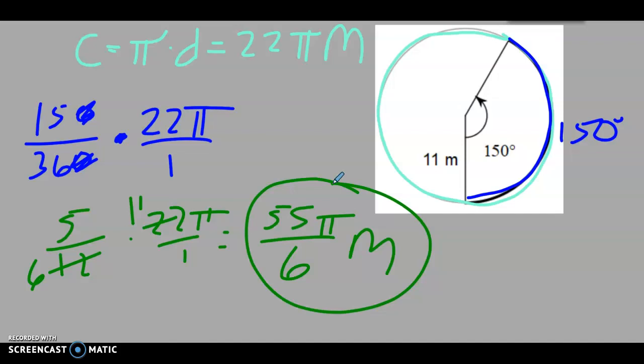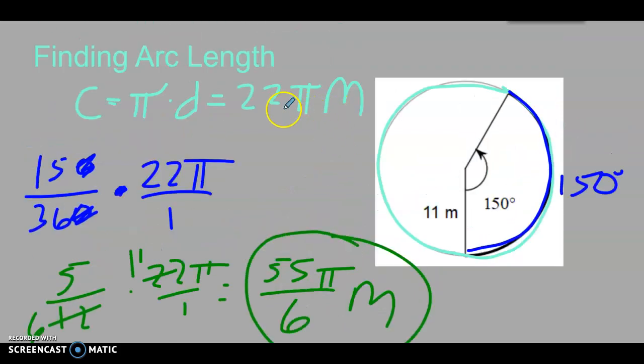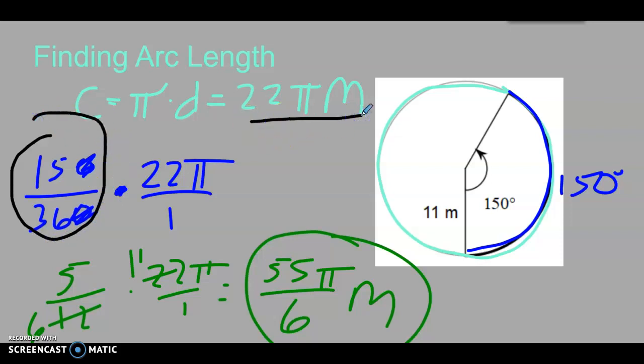Now, that's doing all the work by hand, not using a calculator, just figuring out what we do to find this fraction of our circumference. If you want to do this in your calculator, you can use the ABC button, and it'll do all the work for you.